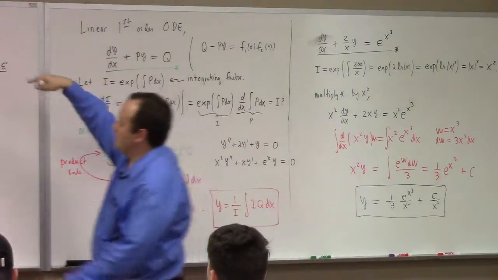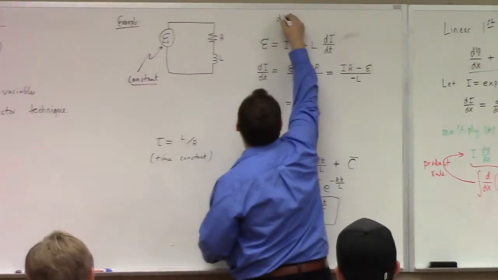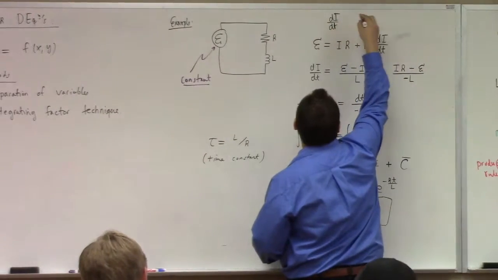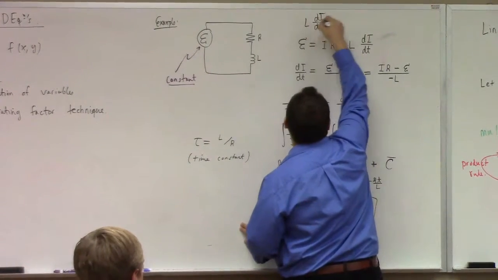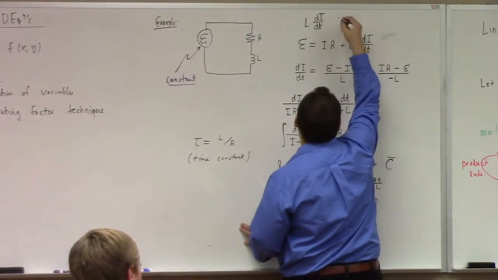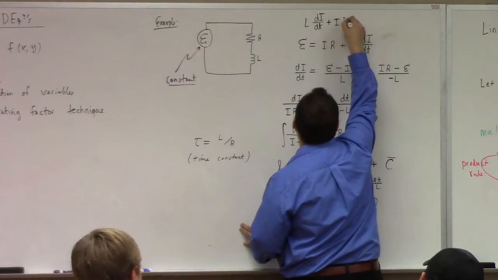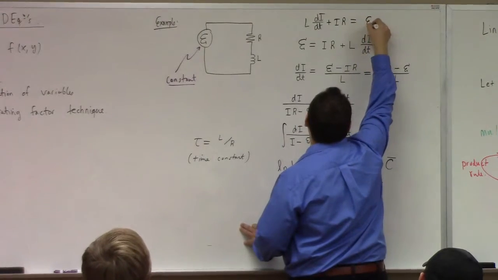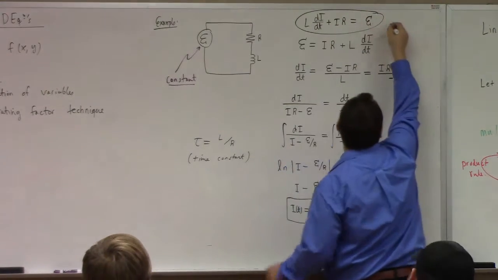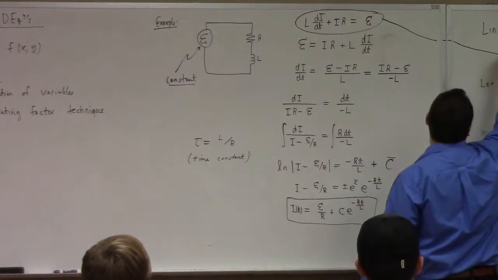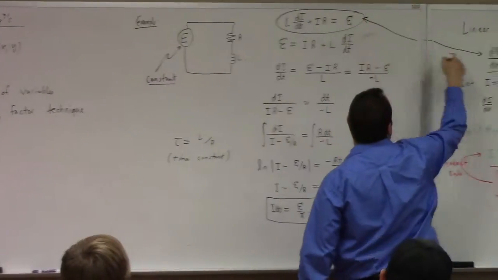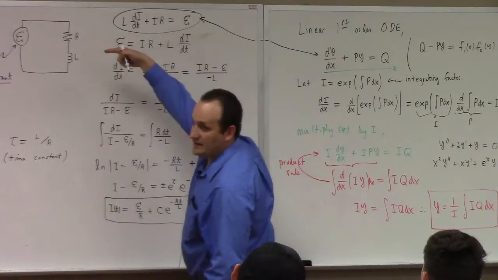If you rewrite this one, we have L di/dt plus IR is equal to E, right? So that's kind of the same if you want to compare. So the significance of Q is it's like the voltage applied.